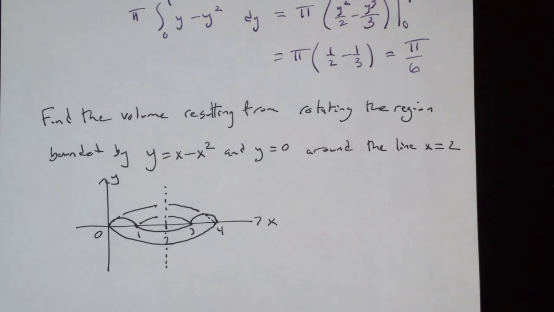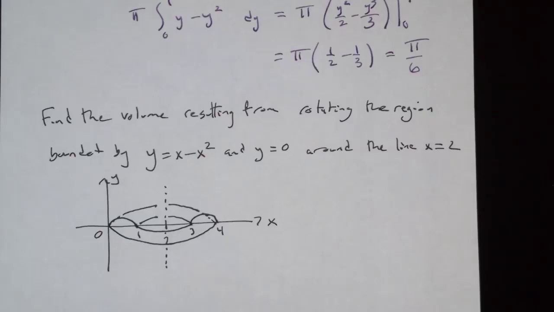This shape looks like half a bagel, only its flat side is down rather than up. Again, it would be very difficult to slice this horizontally to figure out its volume, because then I'd have to solve this for x. No, I don't want to do that. So I'm going to make a cylinder.